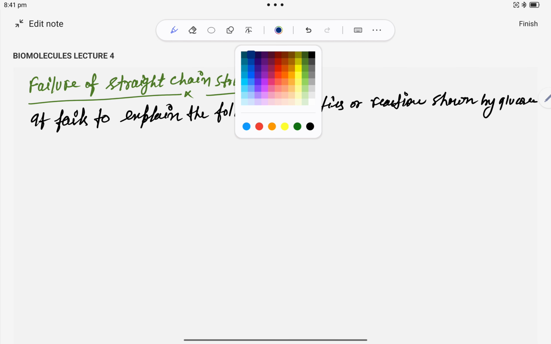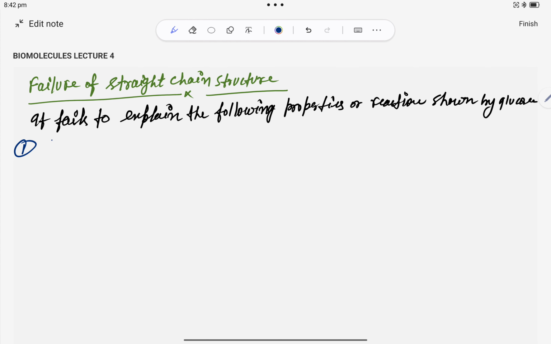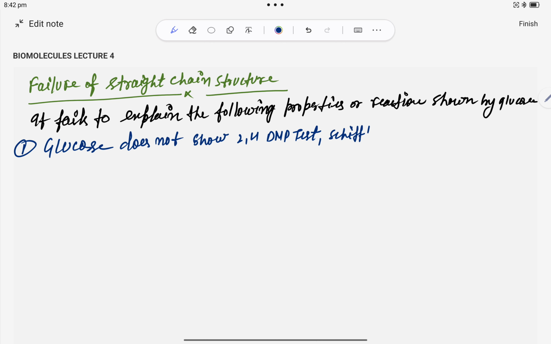Okay, so check it. What are the properties? Number one, the straight chain structure of glucose does not show the 2,4 DNP test, the Schiff's base test, and NaHSO3 addition product.